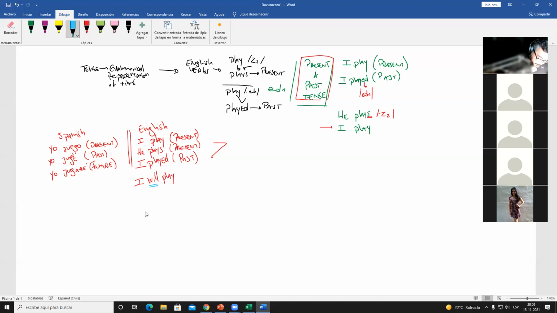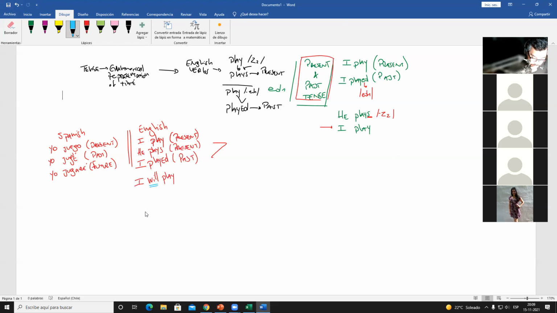Summary: within the English language, you can refer to different times, and we are going to refer to those different times by marking verbs. The English language allows us to mark for present, set to, and for past, ed1.